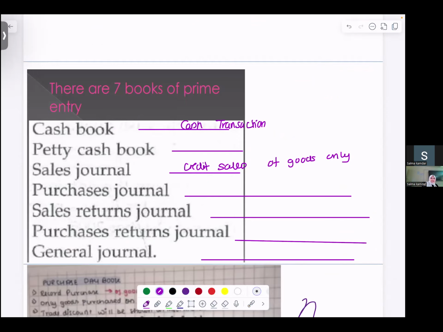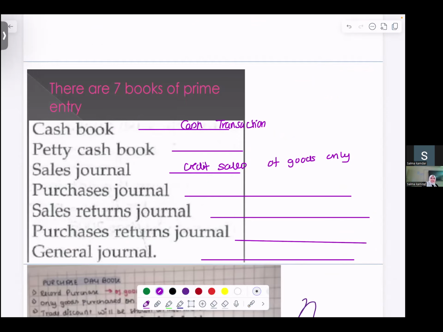In the purchase journal, your credit purchases of goods only. In the sales return journal, sales return of goods only. In the purchase return journal, purchase return of goods only. And here would be the extra transactions, or I could say purchase of assets on credit.